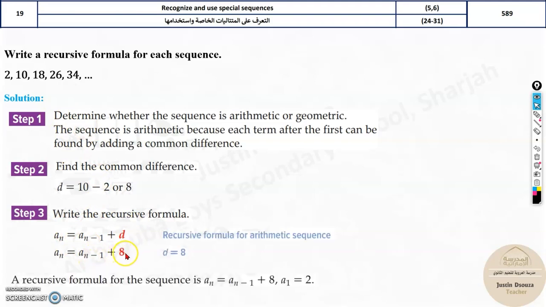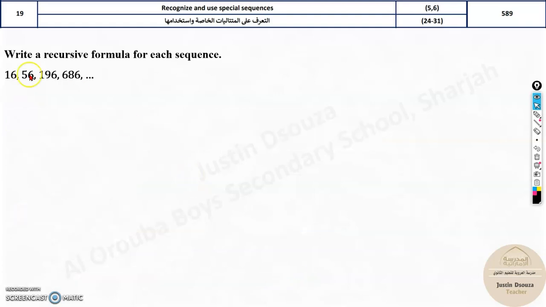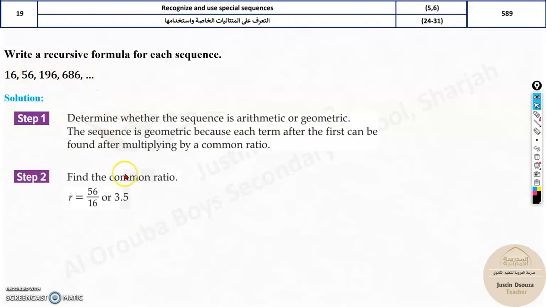Over here, just mention that the starting term is a1. The first term is crucial. That's it. Now the next one is a geometric sequence because it's not arithmetic. If you start dividing, you find the same number. Start dividing 2 and you can divide the other ones also.